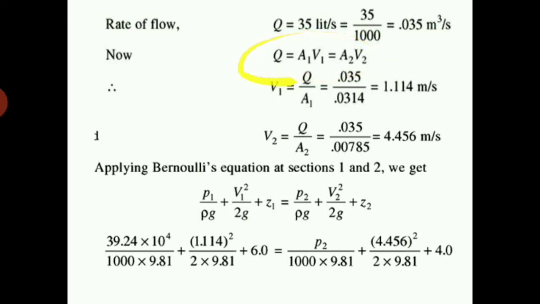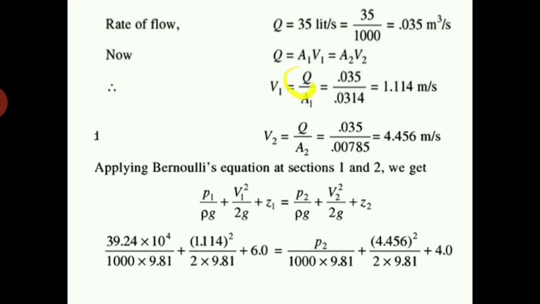So we can apply this to calculate the velocities at these two sections. The discharge is known, 0.035, therefore we can calculate the velocity with V1 is equal to Q upon A1, where V1 is the velocity at section 1, Q is the discharge, and A1 is the area at section 1.